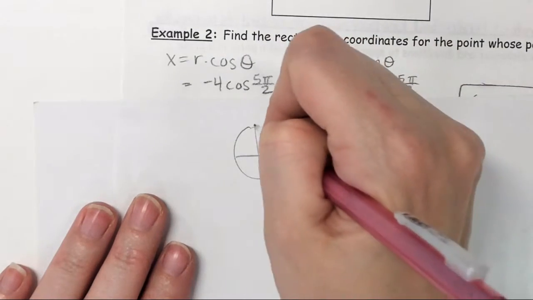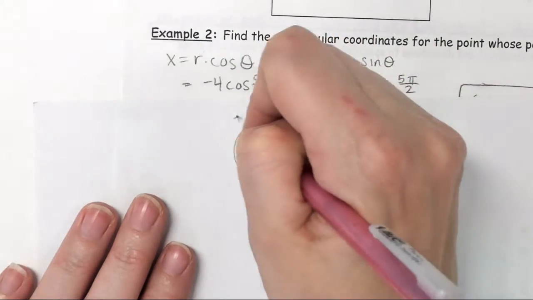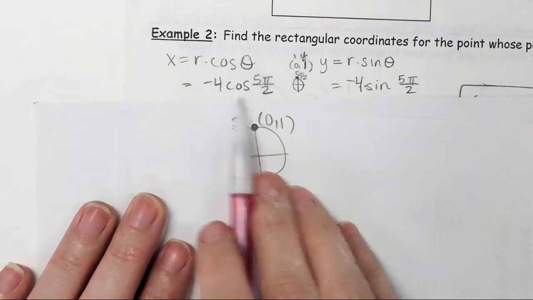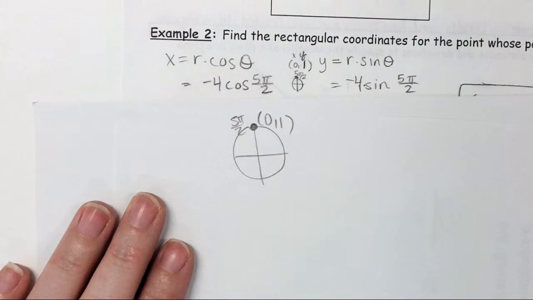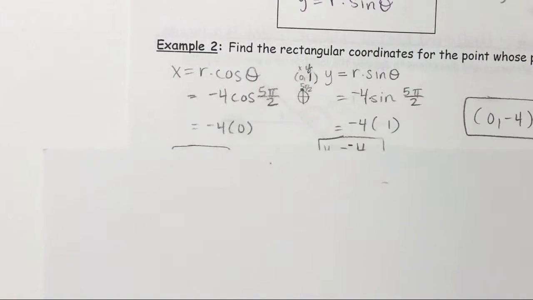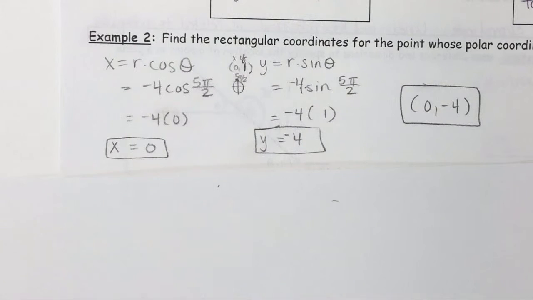Because this is 4 pi over 2, 5 pi over 2. So this point is going to be (0, 1). So the cosine is 0 and the sine is 1. So we're going to substitute it in and then simplify. Anything times 0 is going to be 0. Anything times 1 is going to be itself. So then our rectangular coordinates are going to be (0, -4).